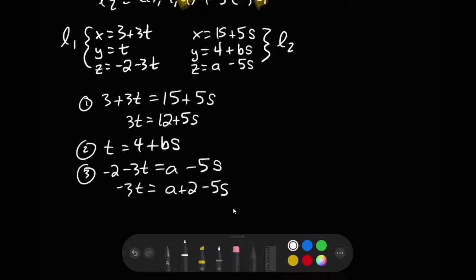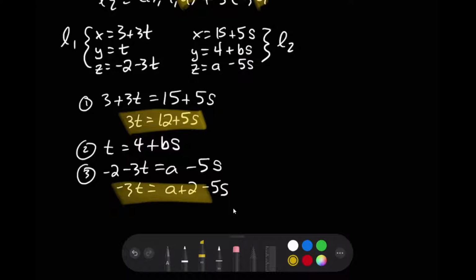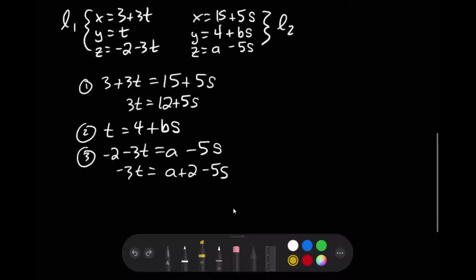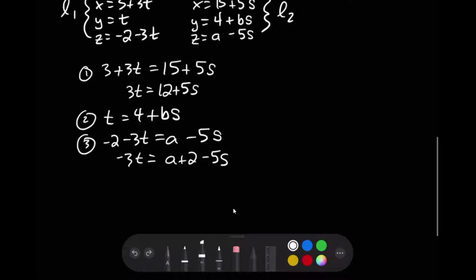We can say that negative 3t equals a plus 2 minus 5s. I notice that I have a 3t up here, and I almost have a 3t here, so I'm going to adjust this a little to make it look even more similar. I'm going to divide each side by negative 1, so I'm going to have 3t equals negative a minus 2 plus 5s.